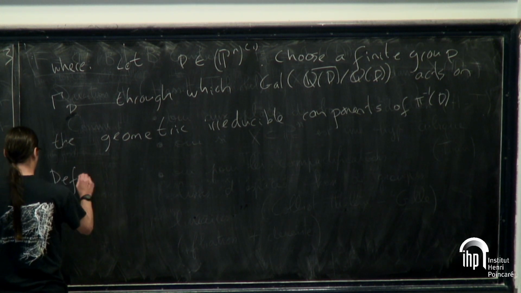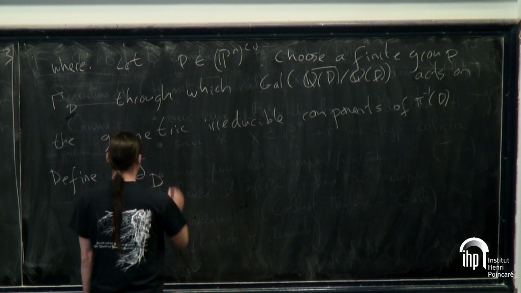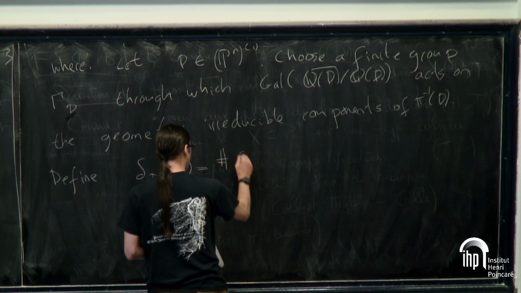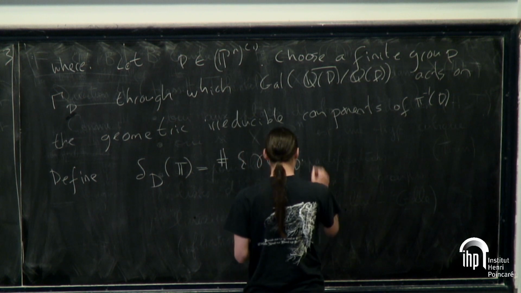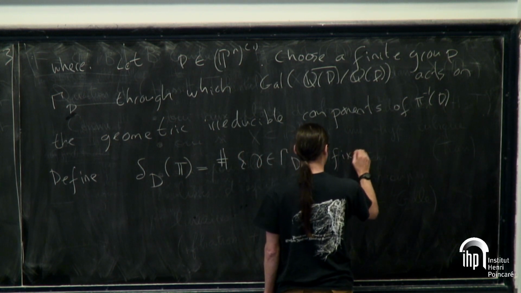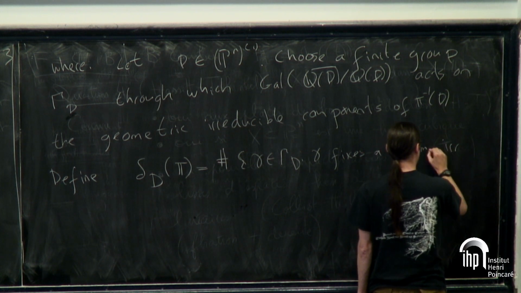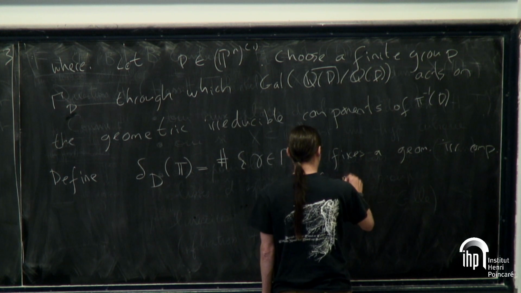So then I define a local invariant, little delta of capital D of pi. That's the number of elements gamma in the Galois group such that it fixes a geometric irreducible component of multiplicity 1.